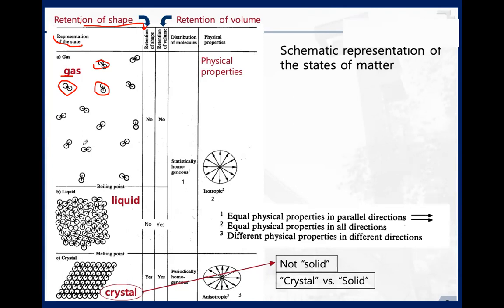So what about the shape? For example, in one place you can find a gaseous object which has the shape of a bottle, right?